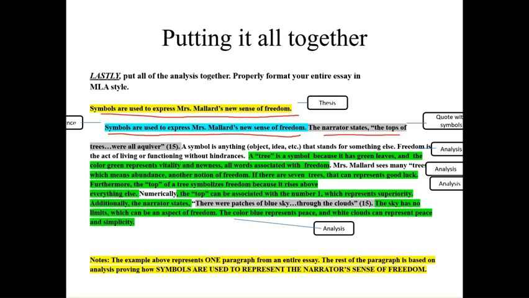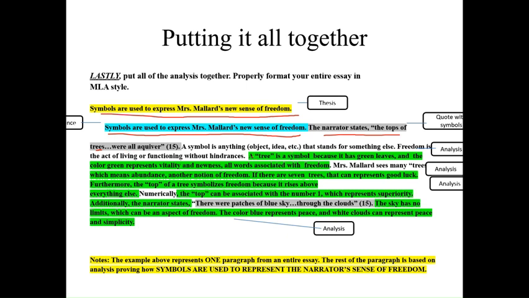Okay. The tops of trees were all a quiver. Okay. That's my quote. And I've already identified my symbols. Trees. And I think top can be a symbol too. But here, trees can be a symbol.